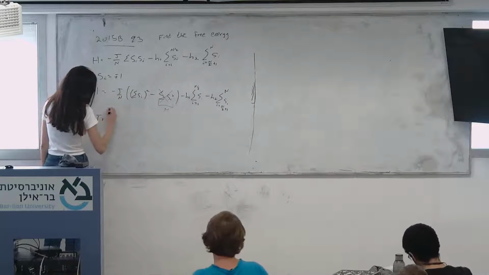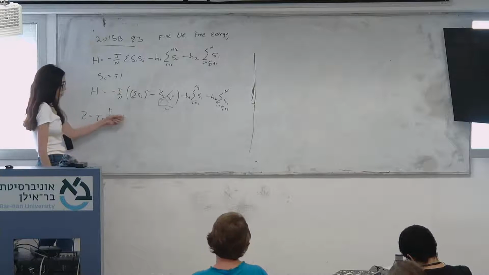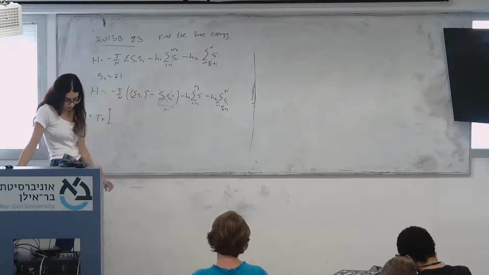So the partition function is the trace of e to the minus beta times the Hamiltonian.